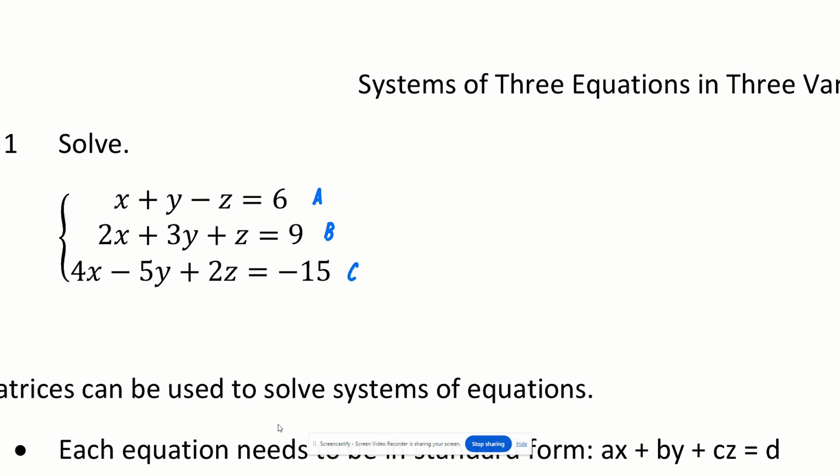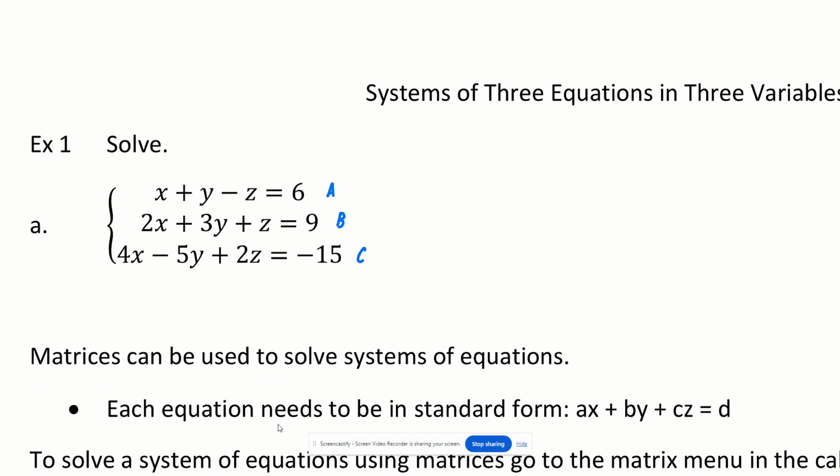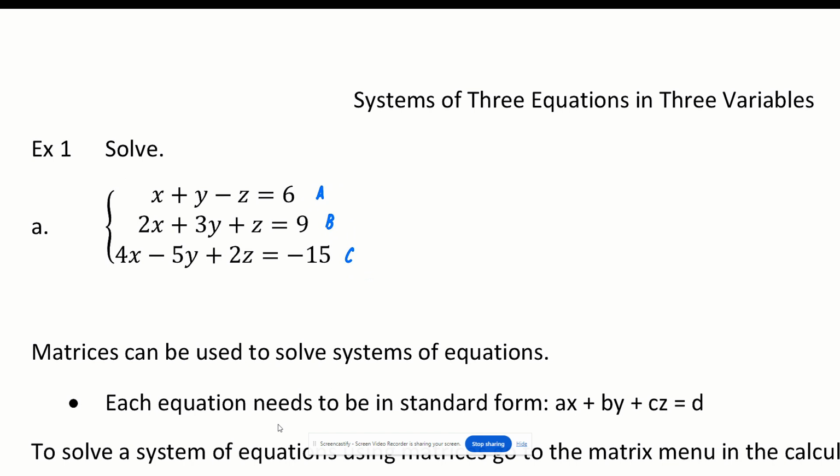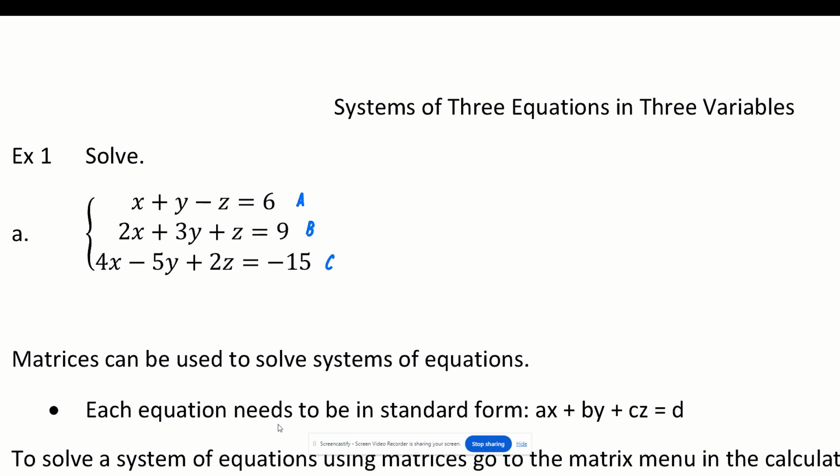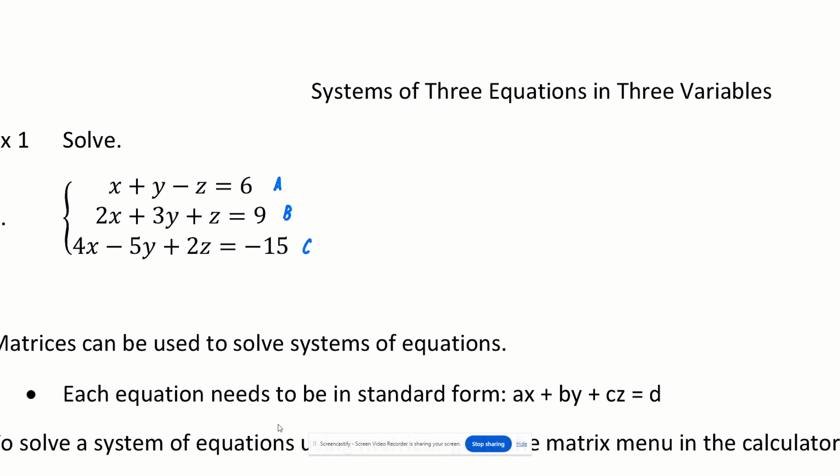Then you take the result of those to get rid of the other variable, which will allow you to solve for that third and final variable. Then you can just go back and plug those all in. So it's wild. I mean, it's really crazy. So let me show you what I mean.